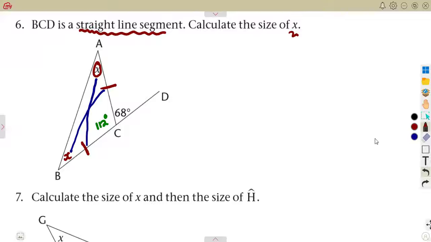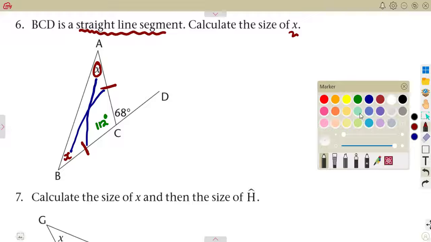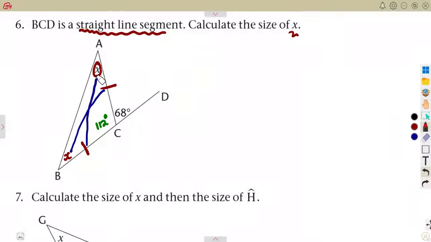So by knowing this, how is it going to help us now to calculate x? Angles in a triangle add up to 180 degrees. So this x at A plus the x that we are seeing at B plus the 112 degrees is supposed to give us 180 degrees, angles in a triangle.